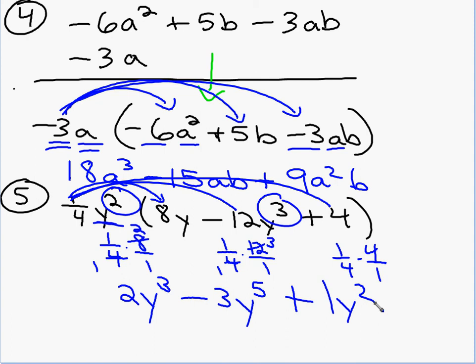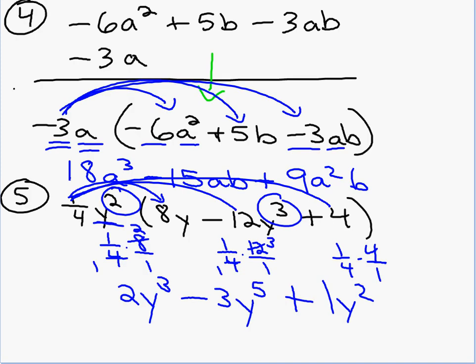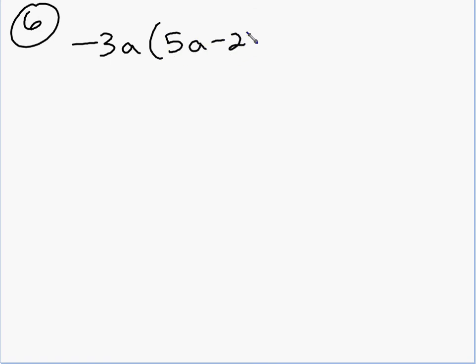Okay? Now, we only have one more thing to go over, and that's what I would call a double type problem, where they give you something like this: negative 3a times 5a minus 2b, plus 6a times 2a plus 10b.